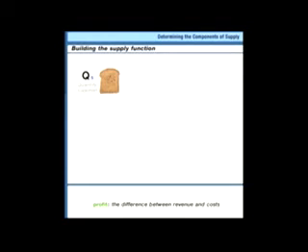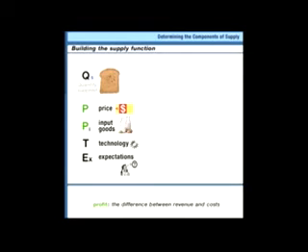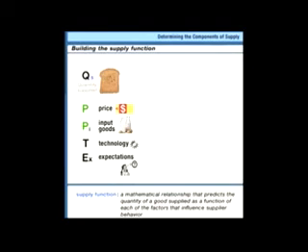Now, we're ready to write down a supply function. A supply function shows the amount of bread that a firm is willing and able to supply profitably as a function of all of the variables that influence its decision: the price of bread, the price of milk and eggs, the technology of production, and the expectation of future prices. So let me take my icons off the pad, and I'll turn these symbols into a function.